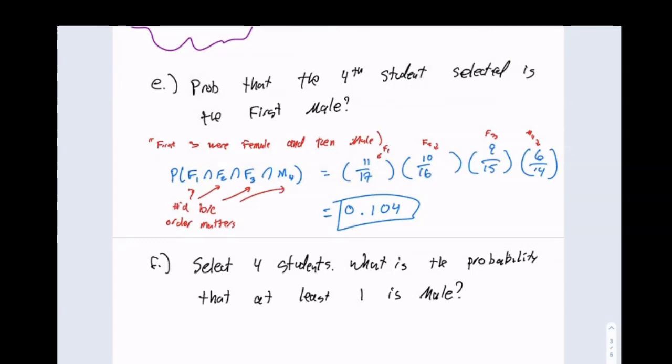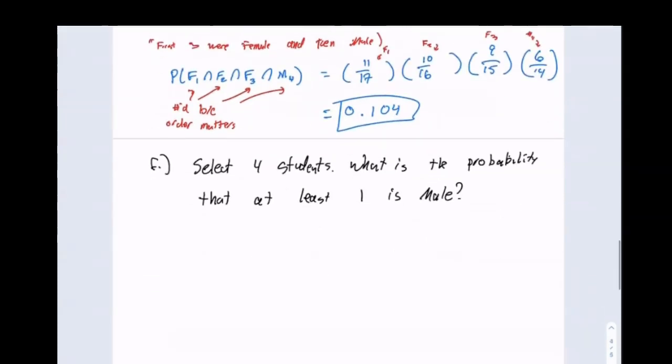I'm going to select 4 students, and I want to know what's the chance that at least one of them is male. Now, there's 4 students, so there's all kinds of different outcomes that can happen.